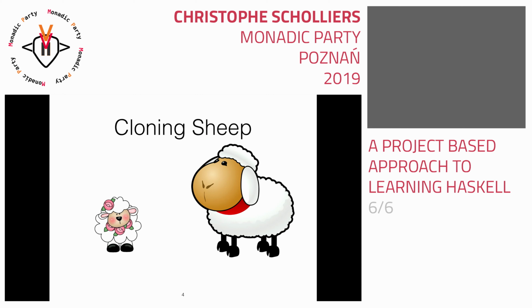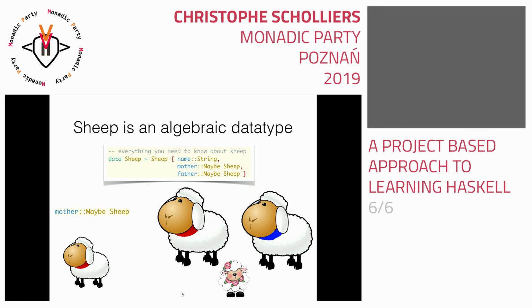If we define a sheep, it used to be that every child had both a mother and a father, right? But now with these annoying scientists who have been cloning sheep, they don't necessarily have a father, right? They only have a mother.